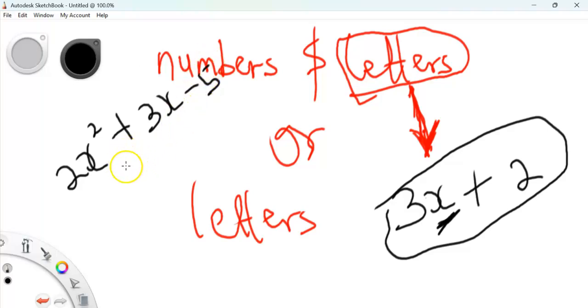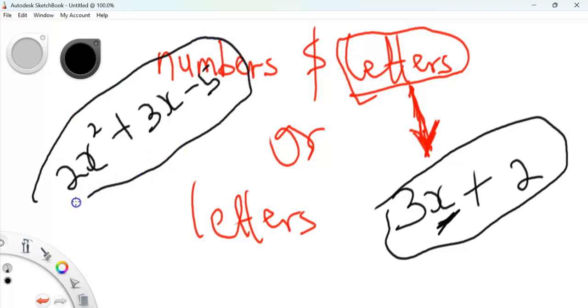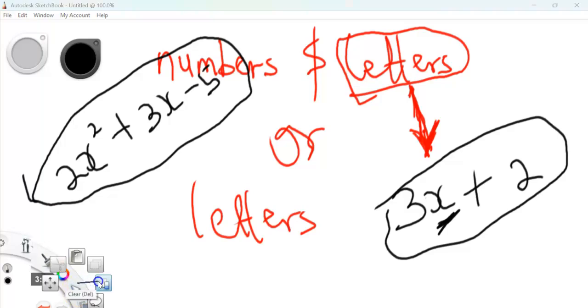This is an algebra. Why? There is a presence of an alphabetical letter here. So these are what make something an algebra.